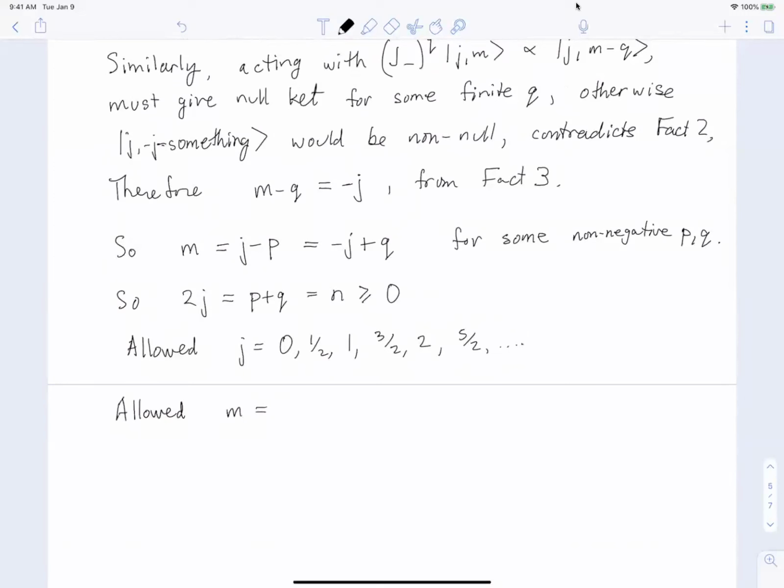And so the allowed m's are minus j, minus j plus 1, etc., up to j minus 1, and then j. And so there are 2j plus 1 allowed values of m for a given j.